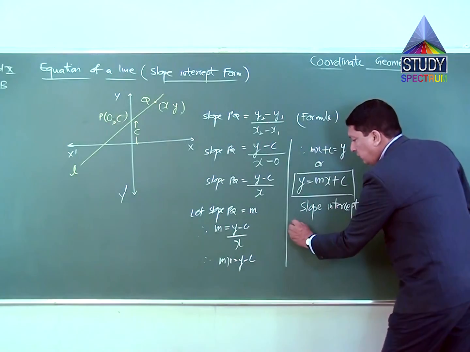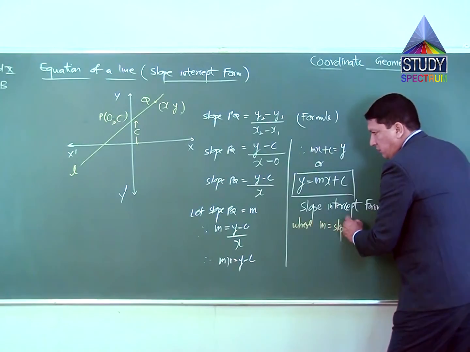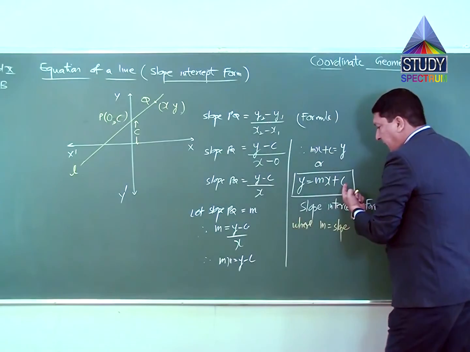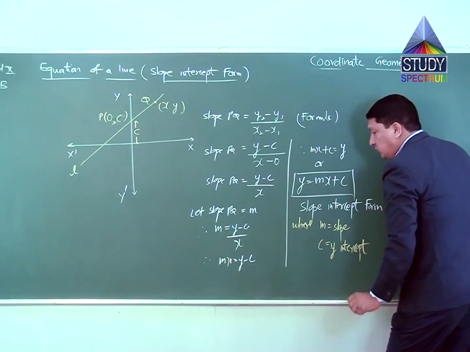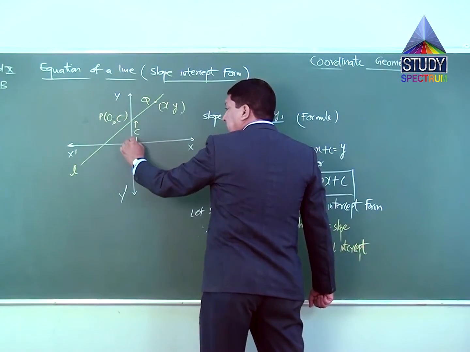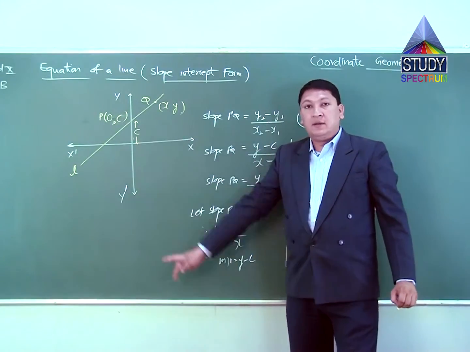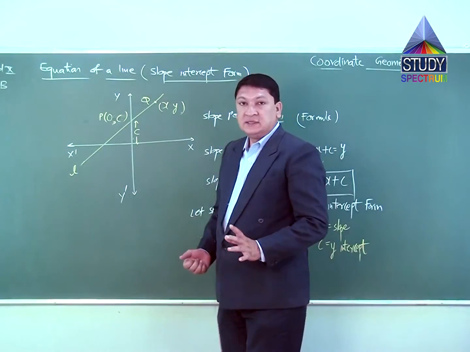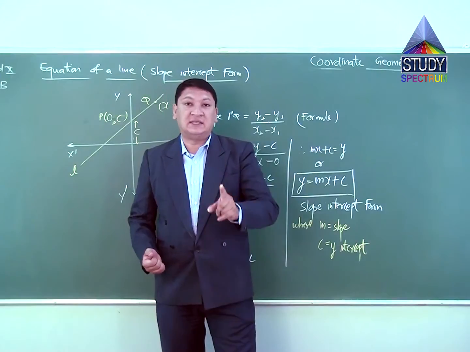Where m is your slope and c is your y-intercept. Why y-intercept? Because the intercept made on the y-axis we call y-intercept, and the value of c is the y-intercept. Again, slope intercept form is y is equal to mx plus c, where m is a slope and c is a y-intercept.